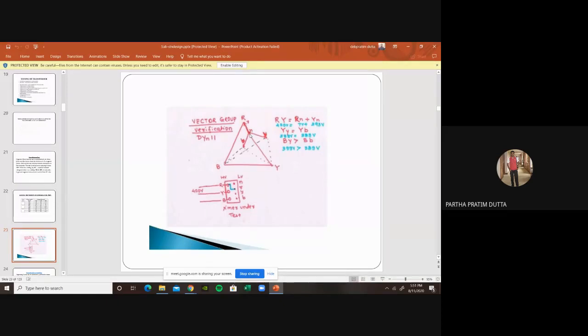Then again we put the same voltage to YB and measure Yn, and then we put the same voltage to BR and measure Bn. If you see the ratios of RY by Rn, YB by Yn, and BR by Bn, they will always be the same. In that case, we come to know the vector group verification.